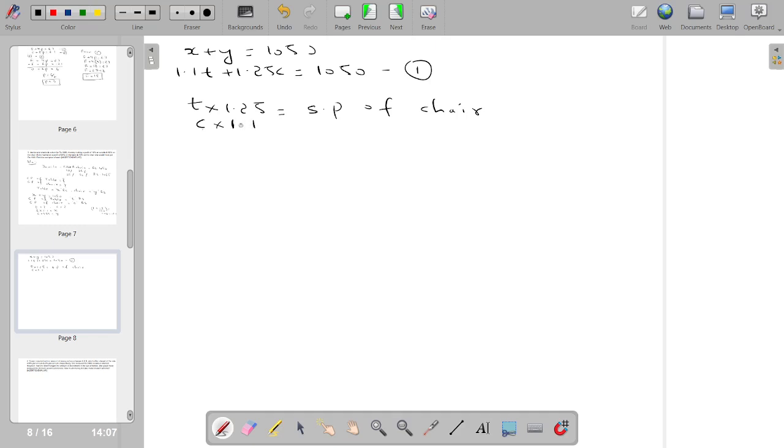If she has sold at 10% profit on the chair, this is the selling price of the chair, and this must be the selling price of the table.